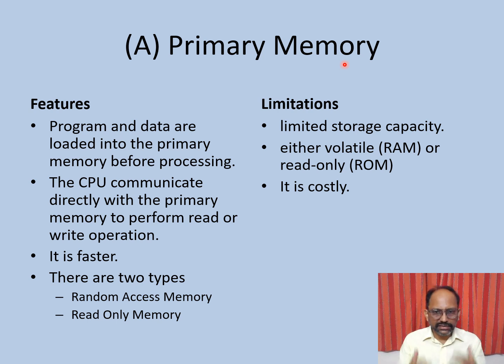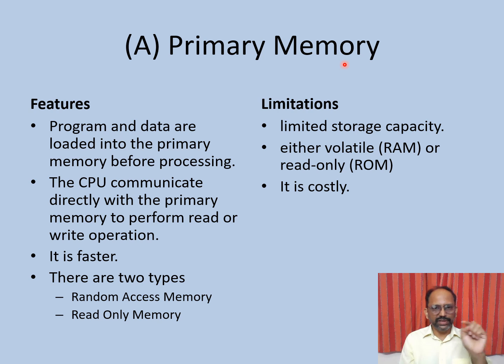Exactly like this, your primary memory in a computer. If the CPU wants to use the data, that data should be stored in the primary memory of the computer. If the data is not present in the primary memory, then your computer cannot process any data if it is not available.